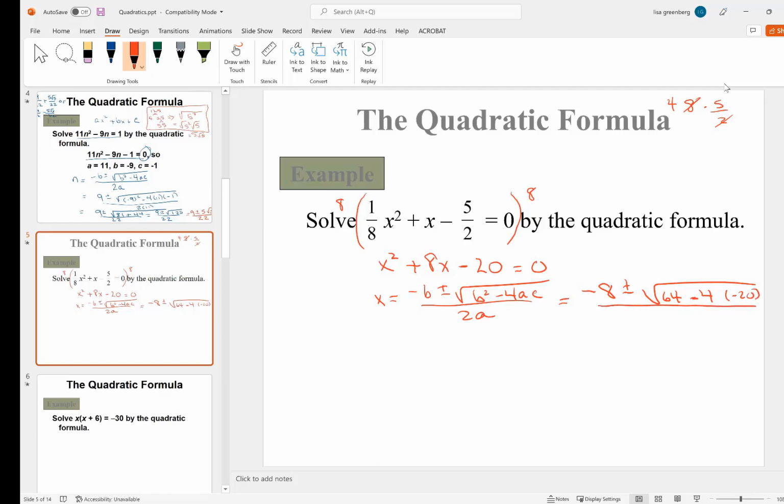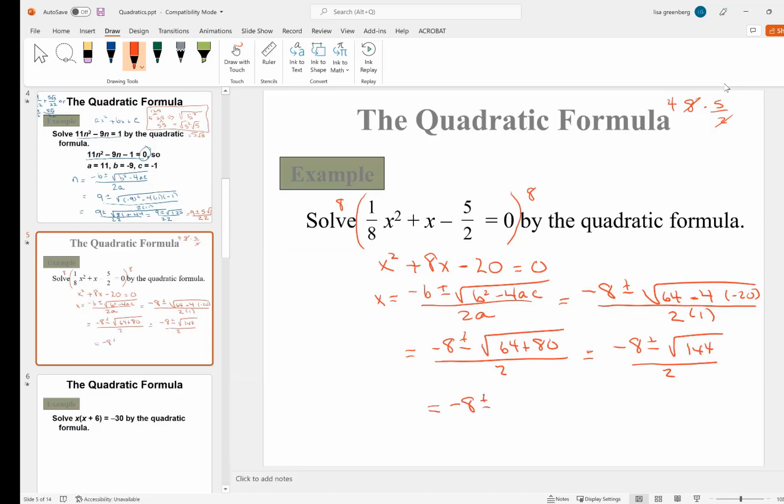And that's divided by 2 times 1, because a is still 1. And then I just start simplifying. So I have negative 8 plus or minus the square root of 64 plus 80, over 2, which is equal to negative 8 plus or minus the square root of 144 over 2. And the square root of 144 is 12, because 12 times 12 is 144.